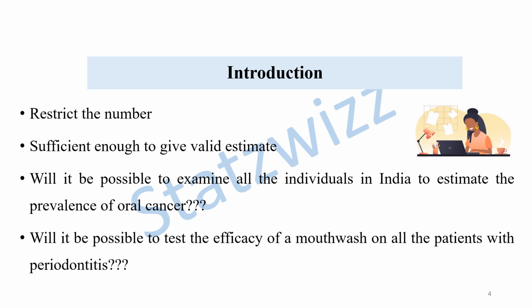The second thing is, if I want to test the efficiency of a new mouthwash in reducing periodontitis, do I need to find each and every person who has periodontitis, give the mouthwash to him and then find out whether it is effective or not? No, that is also not possible. So these are a few questions which might help us to understand the importance of sampling.